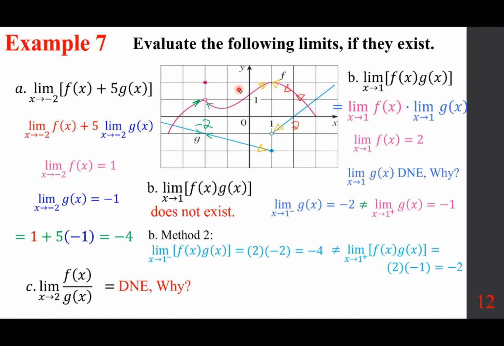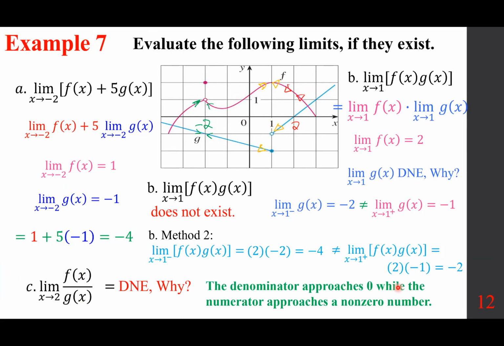And as far as the g of x is concerned, from the left and right, I hope you realize it takes us here, having the y coordinate 0. We can't divide by 0. The denominator approaches 0, while the numerator approaches non-zero numbers.